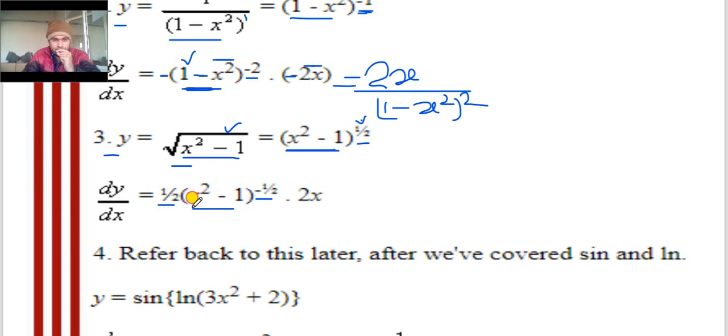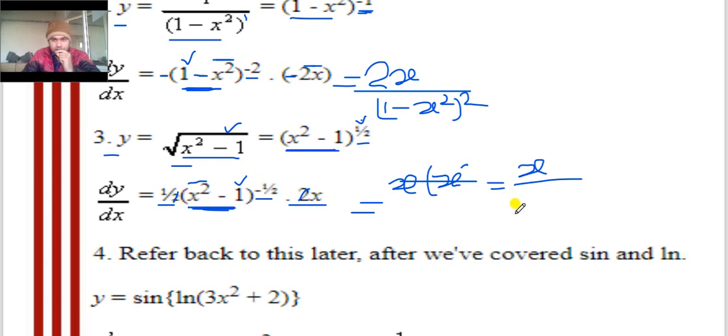Then we have to differentiate the inner one. Differentiation of x square is 2x and differentiation of 1 is 0. So when this 2 is cancelled with this 2, what remains is only x in the numerator, and when this whole thing goes to the denominator, its power will be positive.